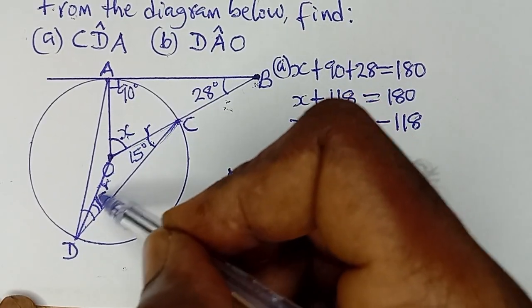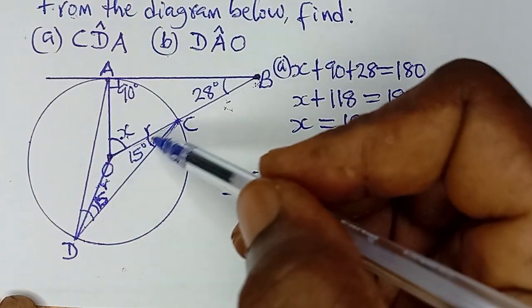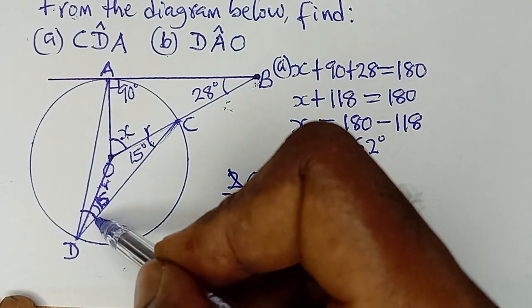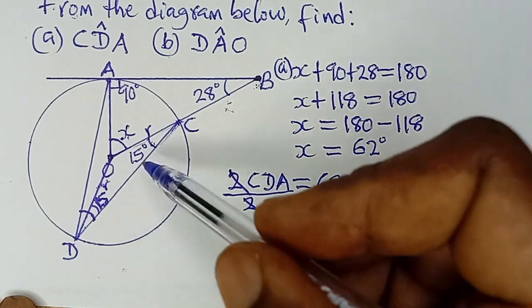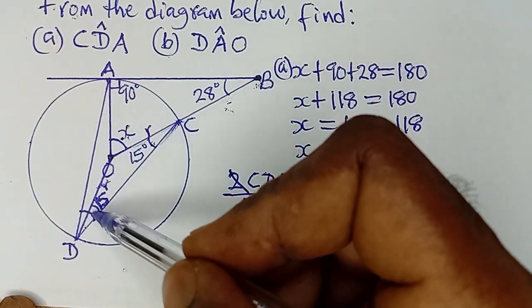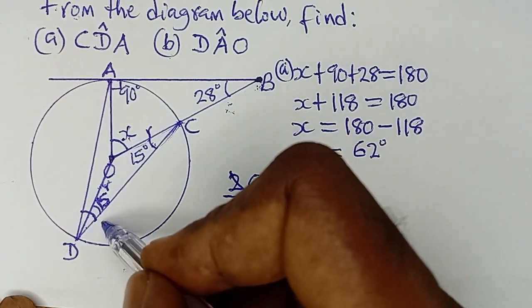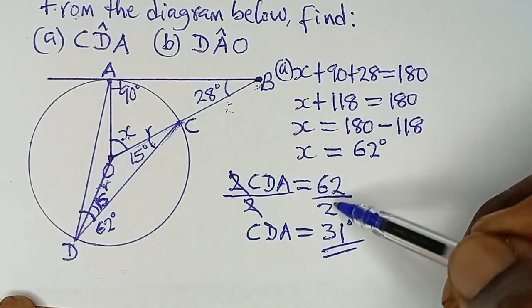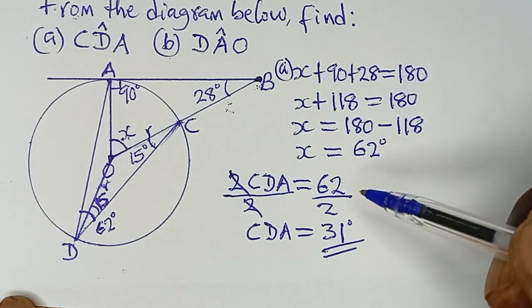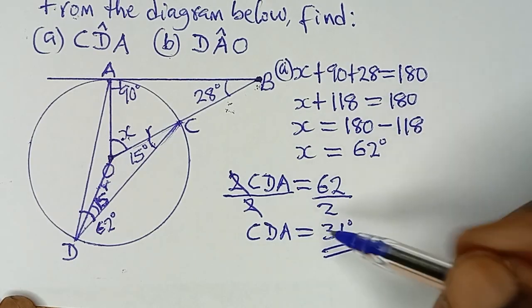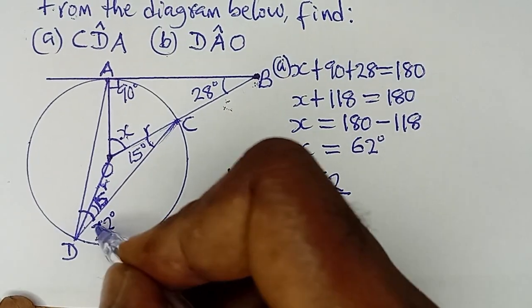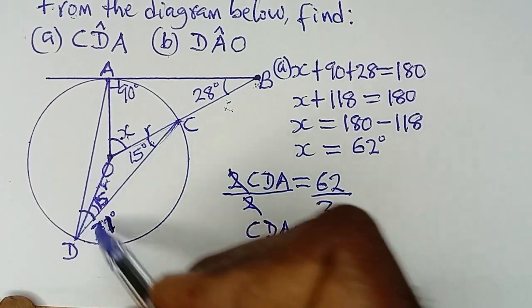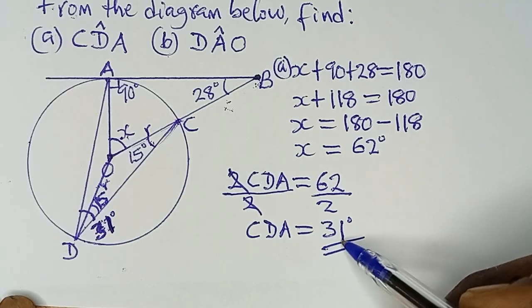Now, don't forget that we already obtained this angle, that is CDA, from the first part of the question. Not 62, 31. So this angle, which is CDA, is 31 degrees.